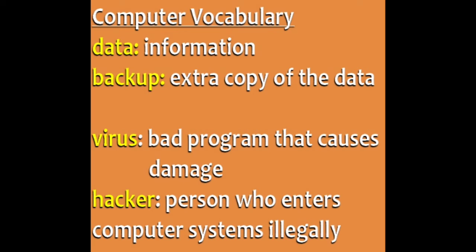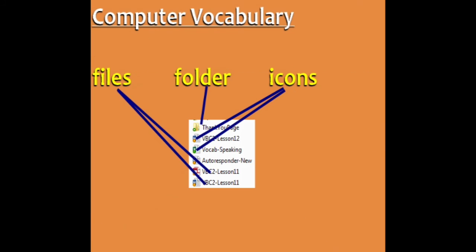It's very important to make a backup, an extra electronic copy of your data, just in case your computer gets infected with a virus, a bad program that causes damage, or a hacker, a person who enters other people's computer systems illegally, gets access to your computer.